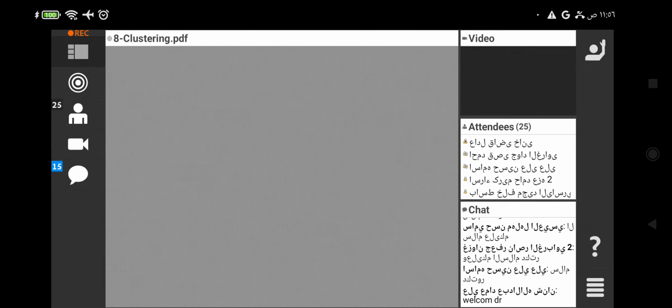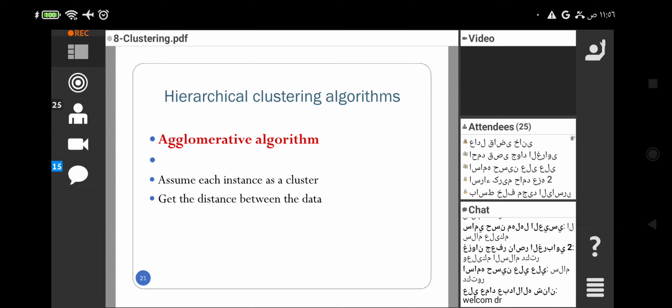So we talked about agglomerative clustering in hierarchical clustering, and we said that first we assume that each instance is a cluster.